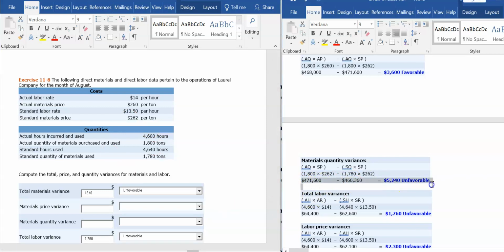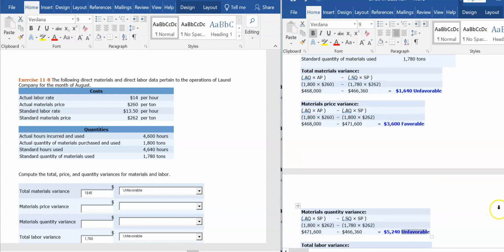Doing that math, I come up with a $5,240 unfavorable variance. Unfavorable because our actual quantity used, the flex budget, was greater than what the standard says it should have been. That is not good. We used more materials than what standards say we should have.